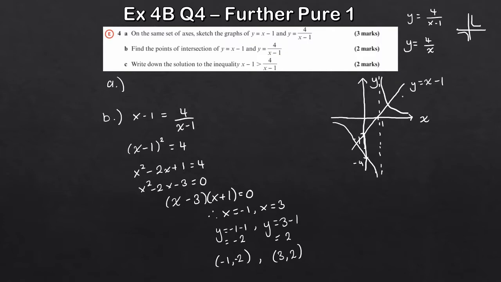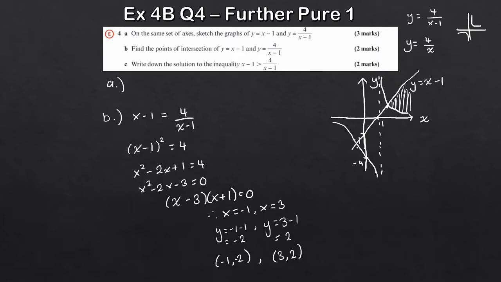So where is my straight line above the curve, or our reciprocal graph here? Well, hopefully it's clear to see that at this point here it's just everything to the right of this, okay? This line is going to keep going on like that, and this reciprocal graph is just going to keep going closer and closer to the x-axis. So everything past this point here, whatever that coordinate is, is going to satisfy it.